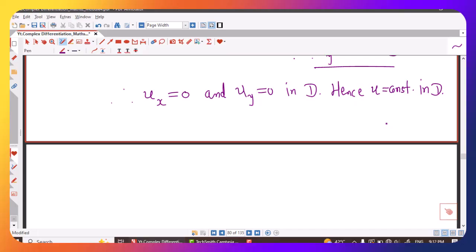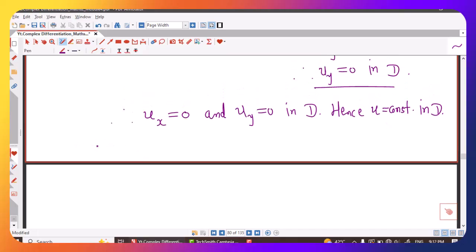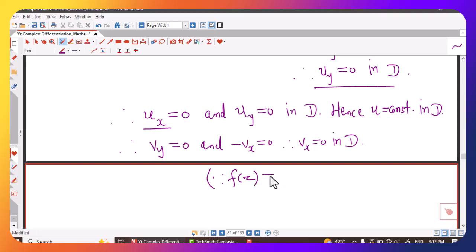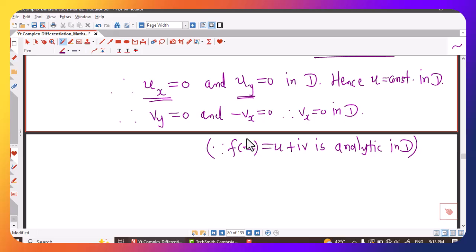Now f of z is analytic, therefore using Cauchy-Riemann equations, we can write ux equal to vy, so that is also 0, and uy equal to minus vx, so minus vx is 0, that will give me vx equal to 0 in D. Here we are using the fact that f of z equal to u plus iv is analytic in domain D, therefore CR equations are satisfied, ux equal to vy, uy equal to minus vx.